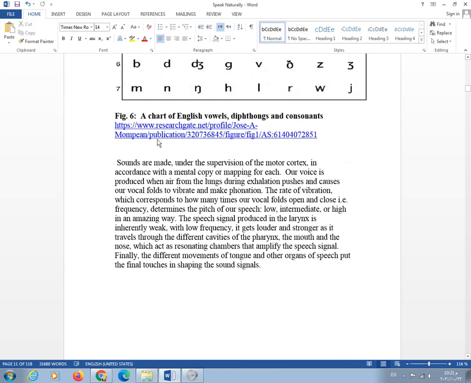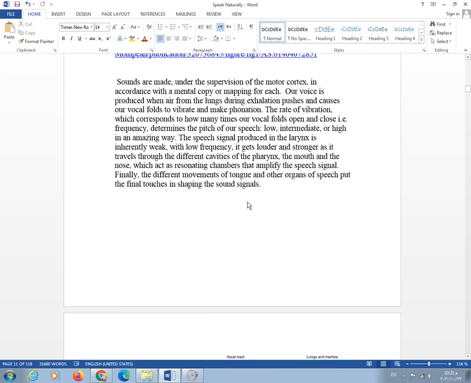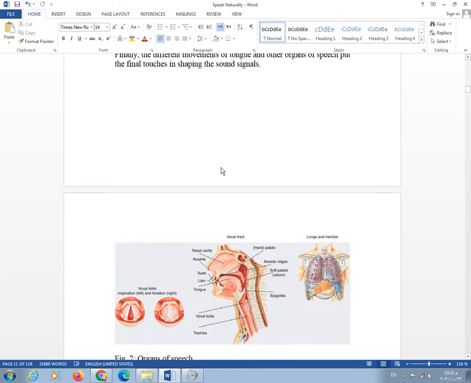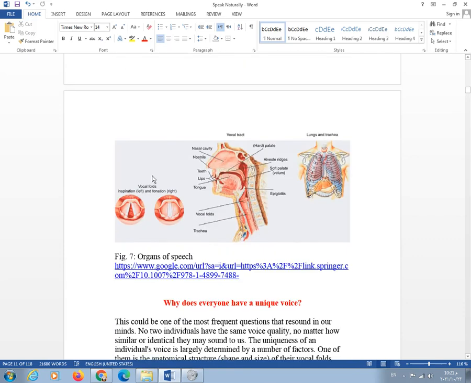Now let's look at how speech is made, and look at the organs of speech. Of course, this is old information for you. Look at the vocal folds and how they vibrate. In this position the vocal folds are away from each other and they produce the voiceless consonants.